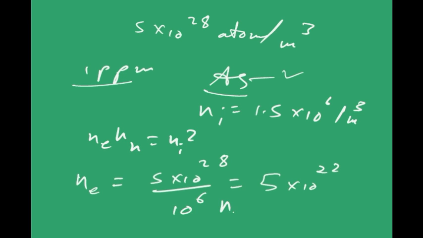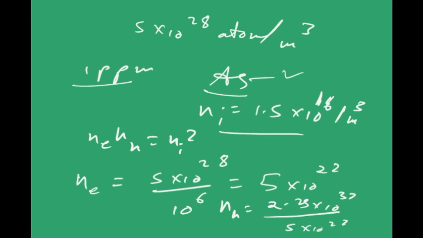So my number of holes NH will be Ni square, 1.5 × 10^16 squared, so 2.25 × 10^32. Sorry, I read the question wrong earlier. So it is divided by Ne, that is 5 × 10^22. That will give you the number of holes as 4.5 × 10^9 per meter cube. This will be the concentration of holes, number of holes per meter cube.